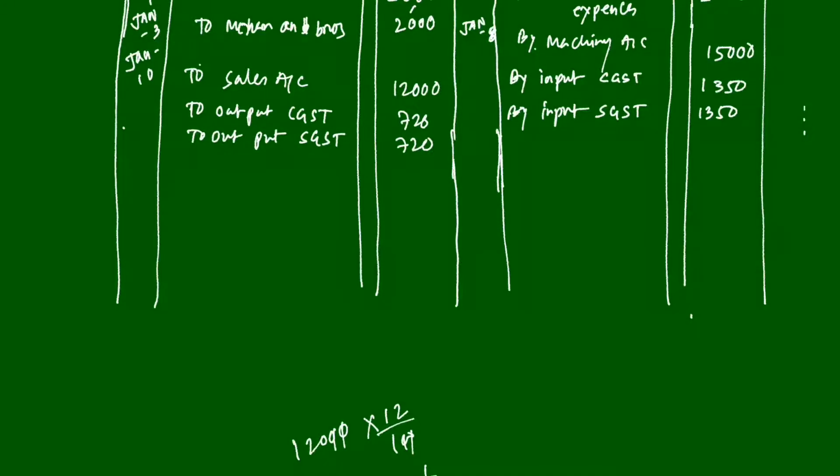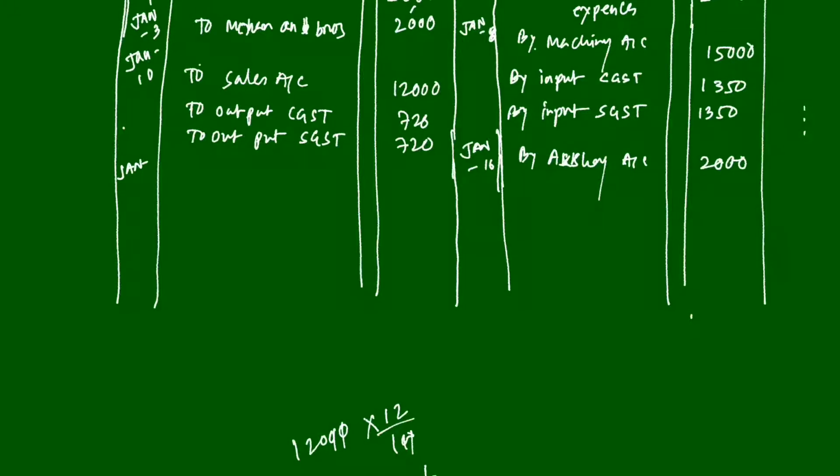Next one, January 16, cash paid to Akshay. Obviously it comes as cash paid. So January 16 by Akshay. What is the value? 2,000. Next one is January 19, sold goods to Manmohan for cash, GST 12%, 15,000.